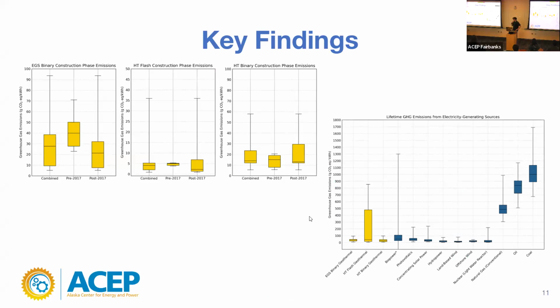So once again, what led to the hydrothermal flash distribution being so large was, I forget the exact name, I'm probably butchering it, but the Bagnoli plant in Italy, which had very high reported emissions.